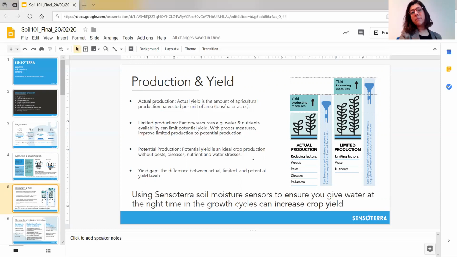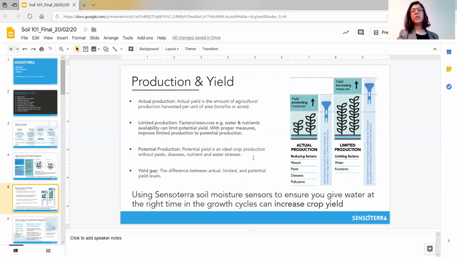So what we see is that there is a yield gap between the actual, the limited, and the potential yield levels. So how can we improve limited production to guarantee that we are extending our production to the maximum capacity, to the potential production?